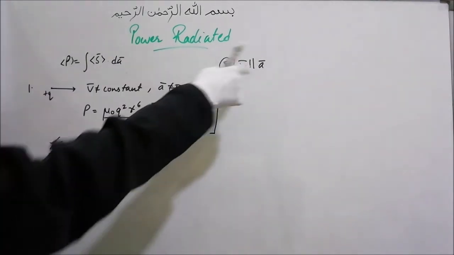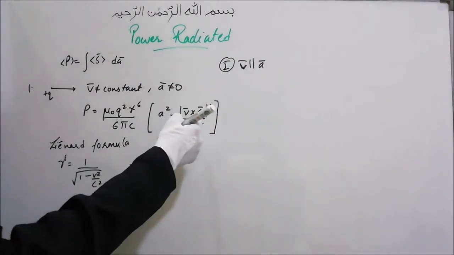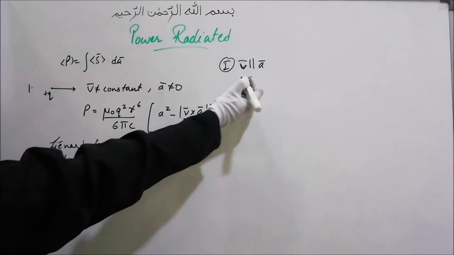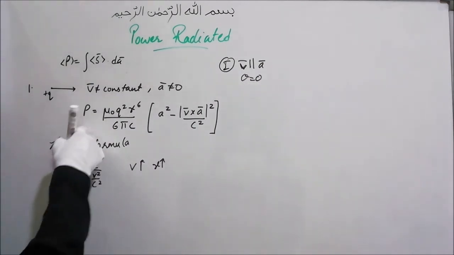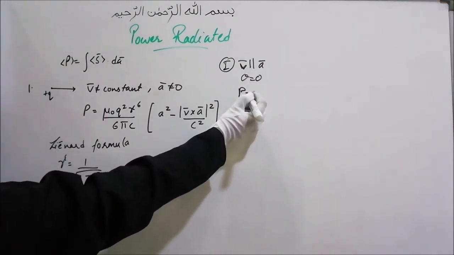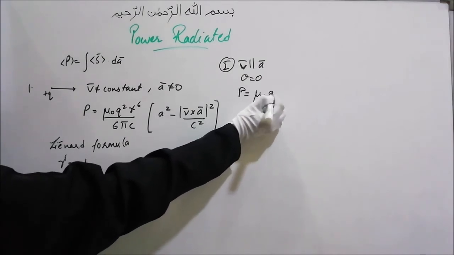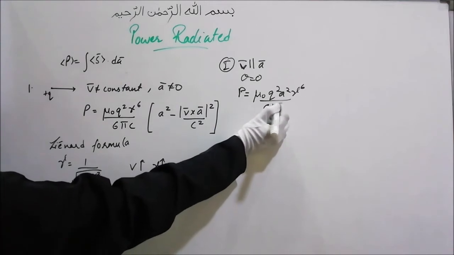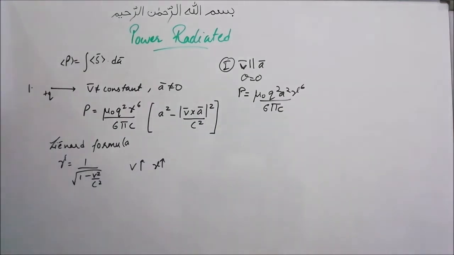When it is parallel, the cross product will be v a sine theta. Theta here is 0, and sine 0 is 0. So the power formula becomes mu naught q squared a squared gamma raised to 6 upon 6 pi c.